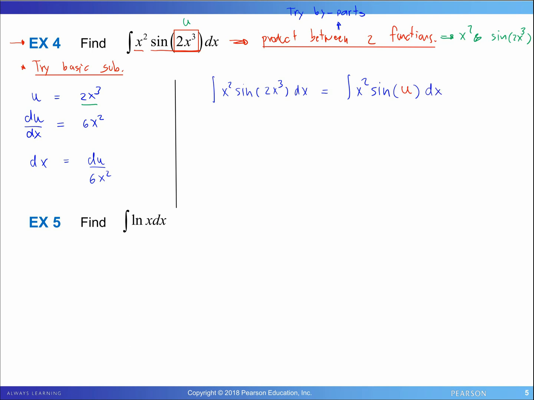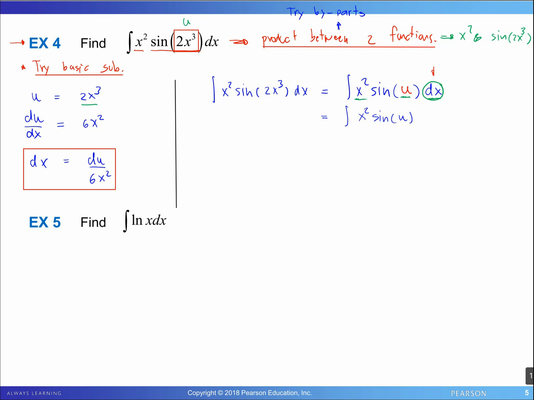As you can see, we have the new variable u right here, but we still have x inside our integral right here and right here. So let's do something with this dx. Let's change it to be in terms of u. On the left-hand side, we know that dx is equal to du divided by 6x squared. So let's put it right here. And now we have the integral of x squared times sine u.